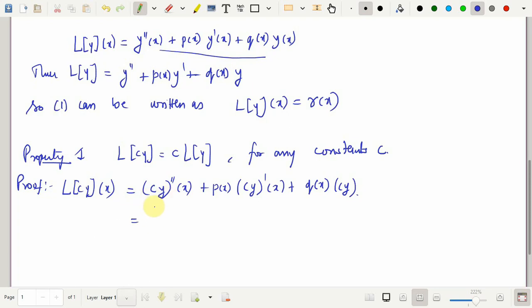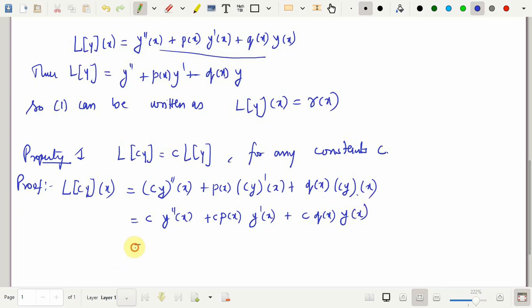Now, using standard properties of differentiability, I can remove this constant out and you have C y double prime of x plus p of x. Again this constant can be removed out, and you get C y prime of x plus q of x times C y of x. By the way, x was missing over here, y of x.